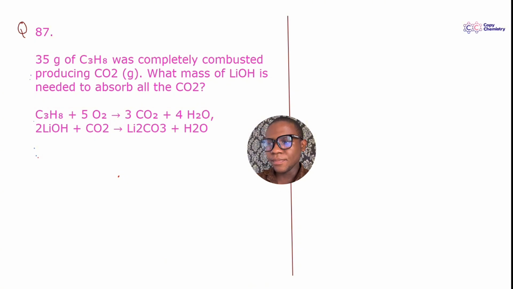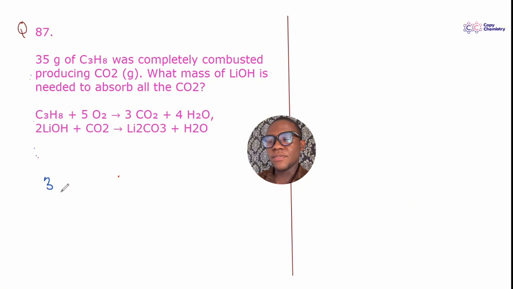Anyway, let's first find out what amount of CO2 gas is being produced that they are telling us to absorb with lithium hydroxide. Okay, maybe that's a good starting point. So how do we know the amount of CO2 that will be produced from this reaction? Well, it's pretty easy.